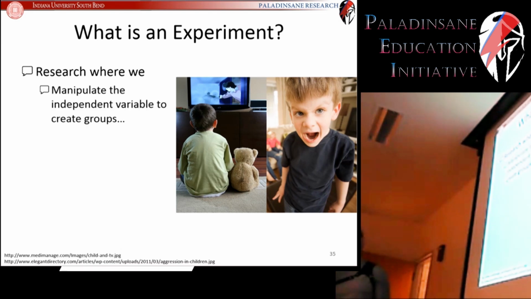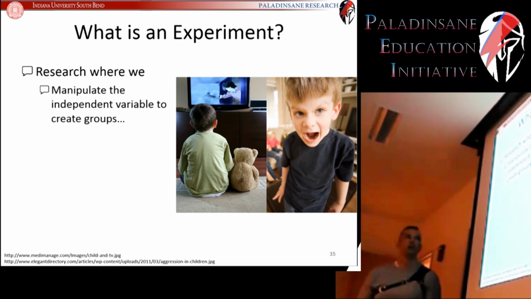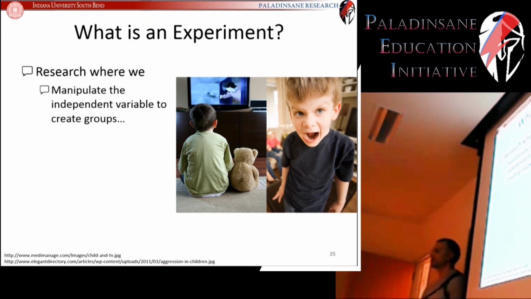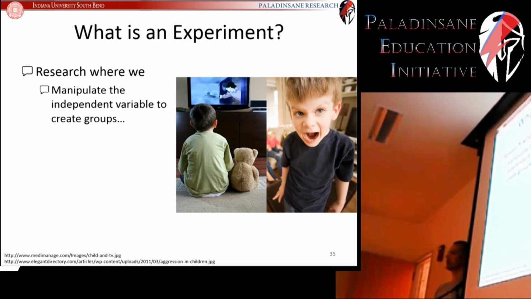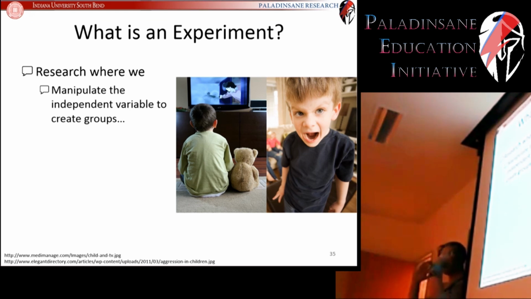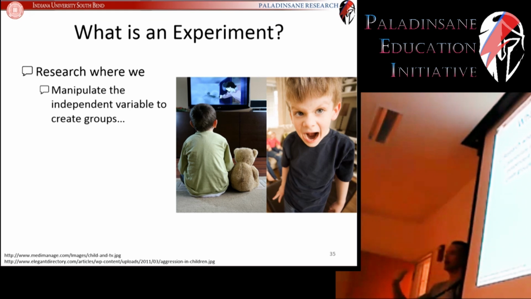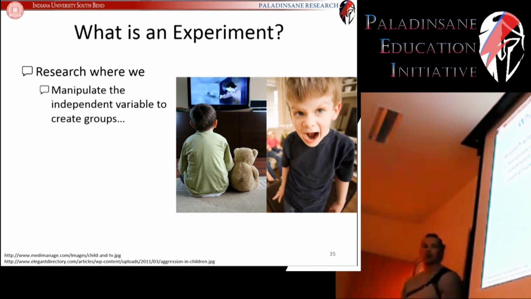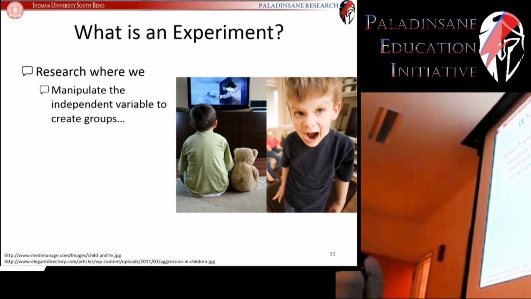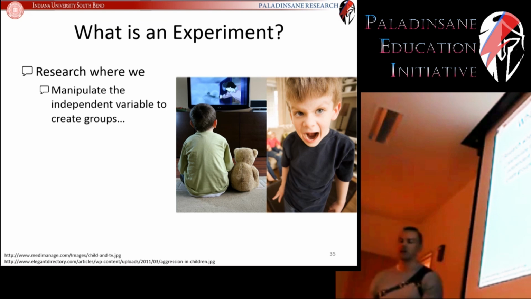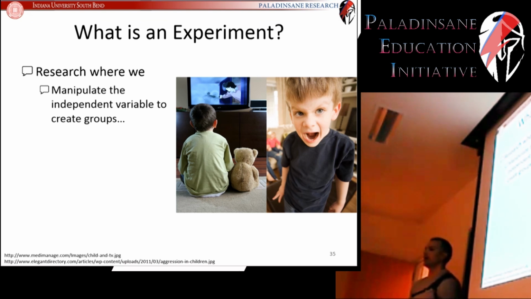And the thing to remember about an experiment is that this is where we, as scientists, as researchers, set up a situation where we manipulate the causes. And that is the basic thing about an experiment. You step in there and you say, I'm going to manipulate the cause. I'm going to make things happen. So if we wanted to know if violent TV causes aggressive behavior, we would manipulate the cause.